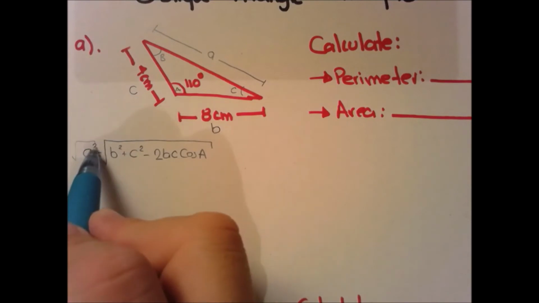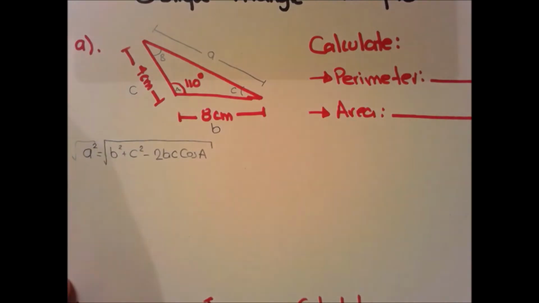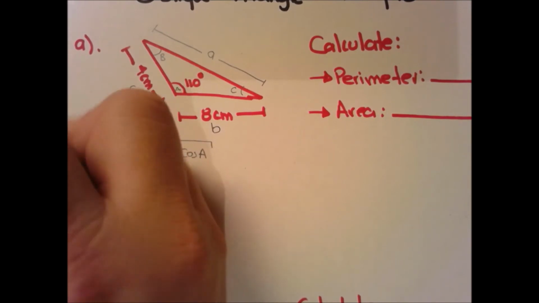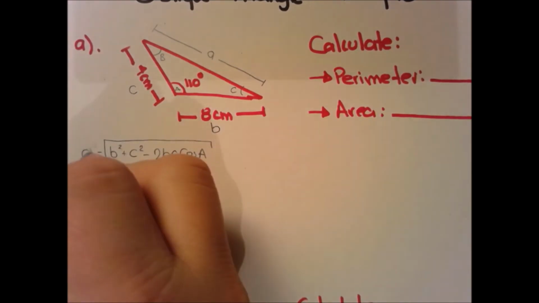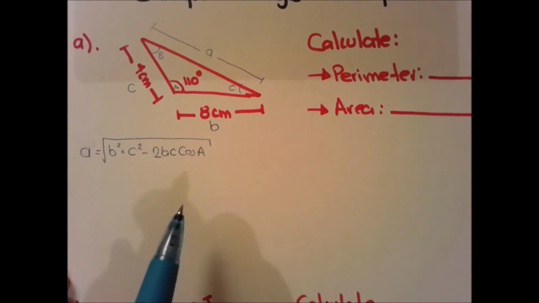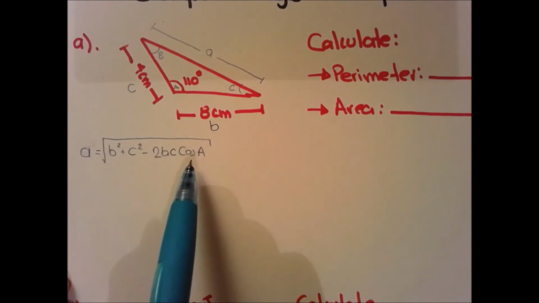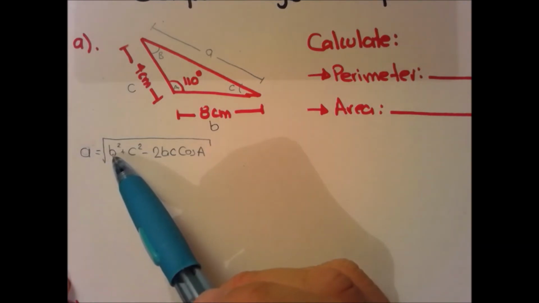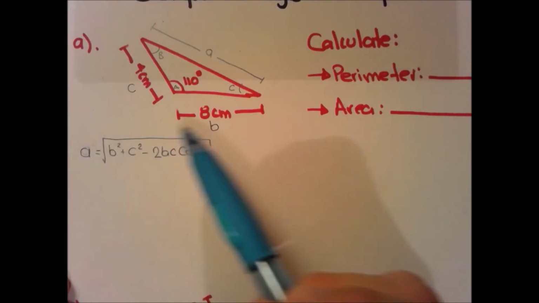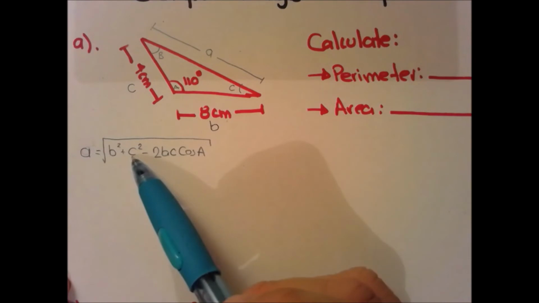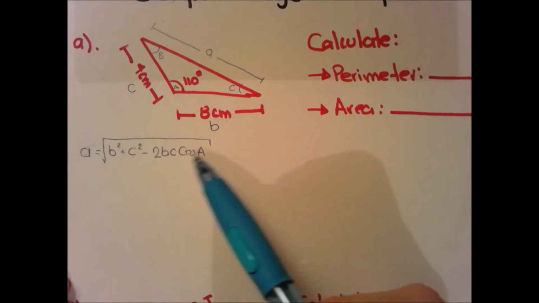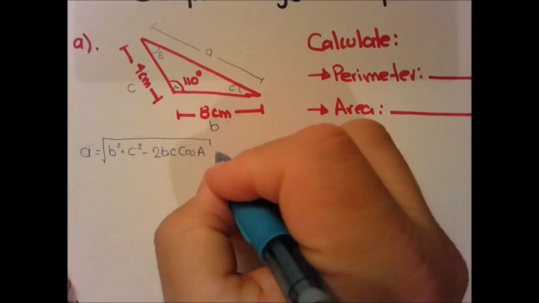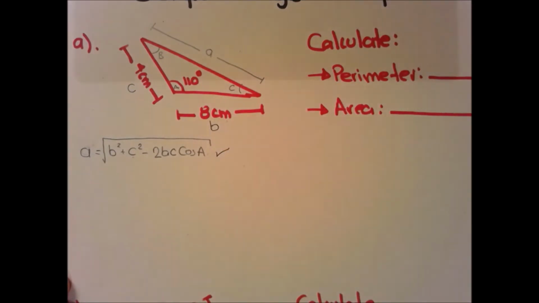The square root and the square are both eliminated, and then finally I just have a. Let's see if it is possible to use this formula. The datum b, do we have it? Yes. c, yes. And A, yes, we have it. So it means that we can use this law of cosine.